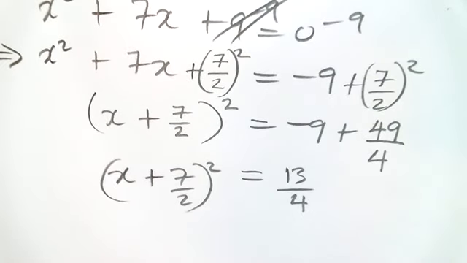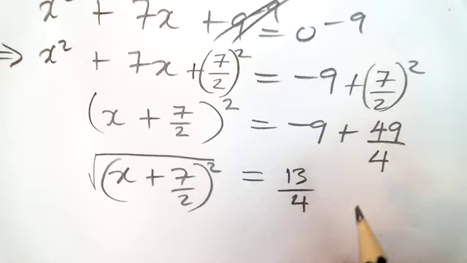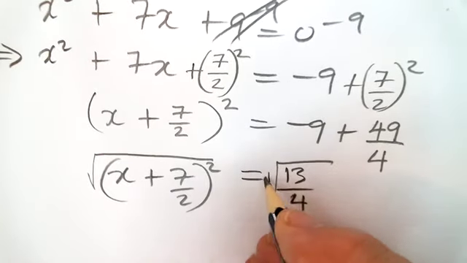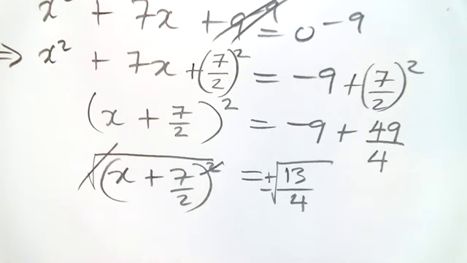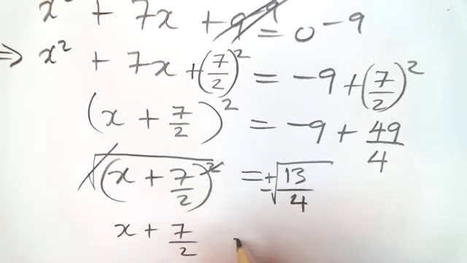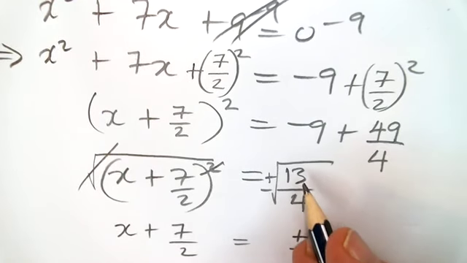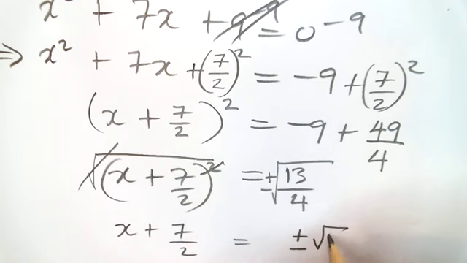Now I'm going to find the square root of both sides. I'm going to find the square root of this side, square root of this side. This becomes immediately a plus or minus. And of course, the square and the square root cancel each other, leaving me with x plus 7 on 2 is equal to, and I'll put plus or minus, root 13 over root 4. Now, I don't know what root 13 is, but I do know what root 4 is, which is just 2.